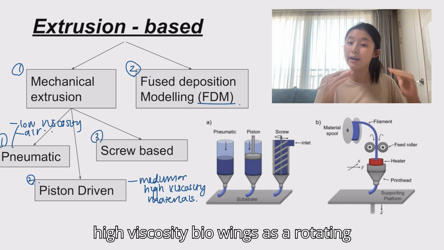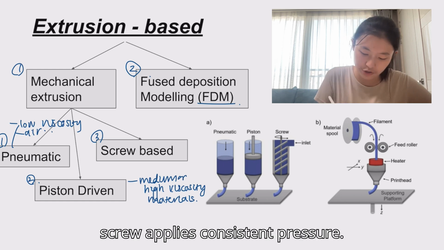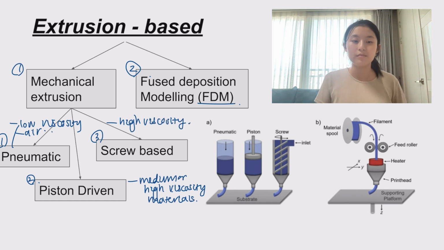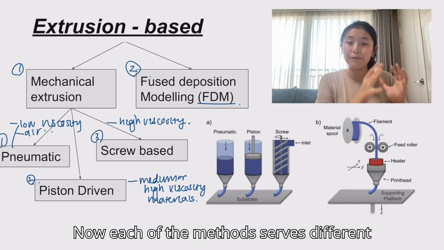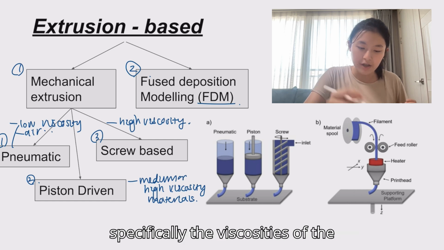This is ideal for high viscosity bioinks, as a rotating screw applies consistent pressure. Now, each of the methods serves different applications depending on the material's properties and desired outcomes, and specifically the viscosities of the materials.